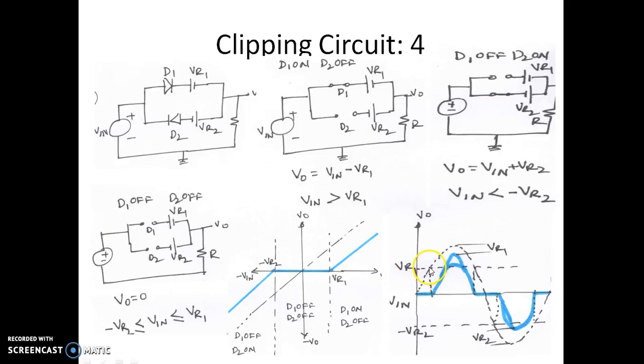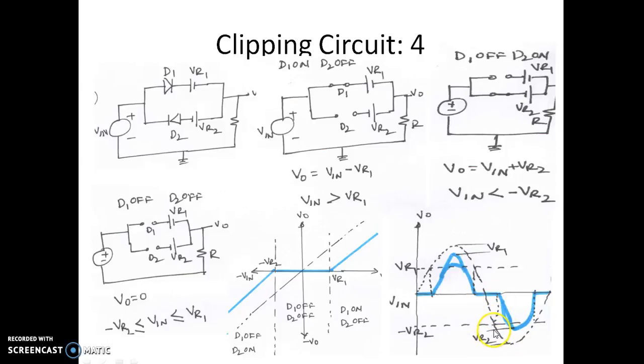If the input voltage exceeds VR1, the output is less than the input by this VR1. So Vo is Vin minus VR1. That's why this blue solid line is less than the input by VR1, and this height is written as VR1. That continues. If the input voltage further goes less than VR1, the output is 0. This will be 0 till the input voltage goes further less than minus VR2.